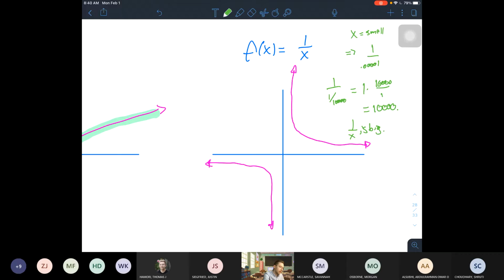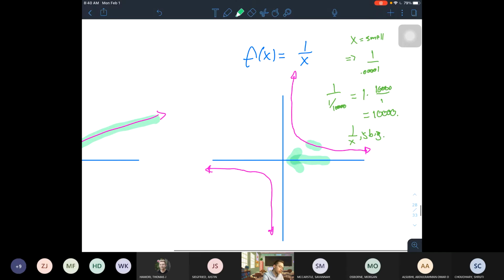Okay? So as x goes to 0 along this x-axis here, our number is going to get larger and larger and larger. And as we go out to the right, we're dividing 1 by some number which is getting really big, so we should expect it to be like 1/2, 1/3, 1/4, 1/5, 1/6, 1/7, and so on, getting really small.